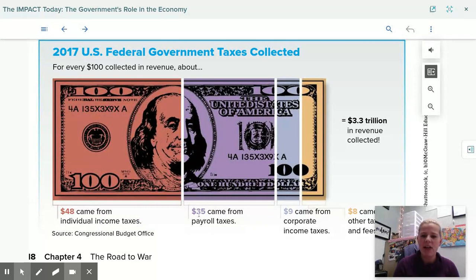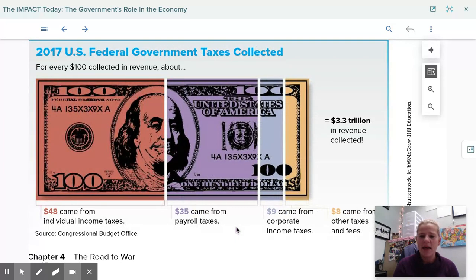About $35 of every $100 came from payroll taxes. About $9 came from corporate income taxes. And then about $8 came from other taxes and fees. And that was about $3.3 trillion in revenue that was collected. $3.3 trillion in 2017.